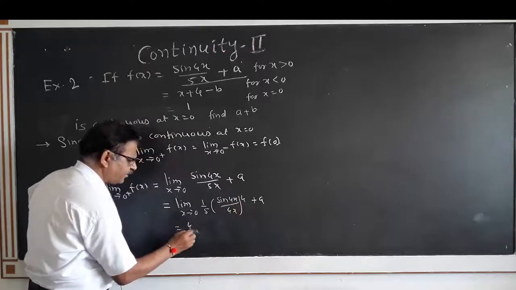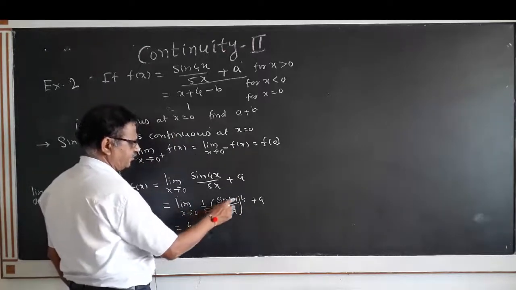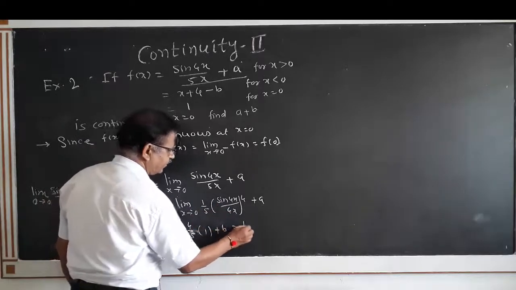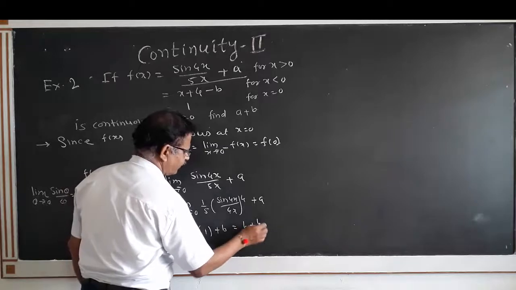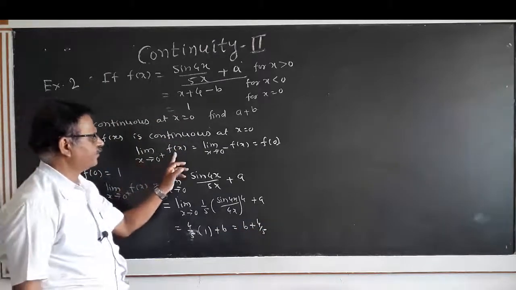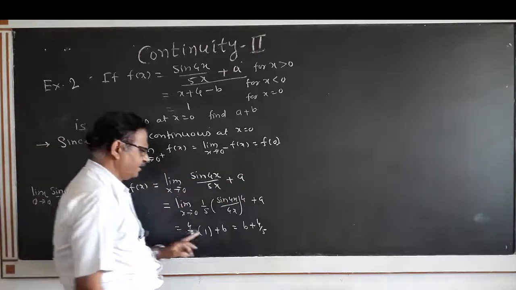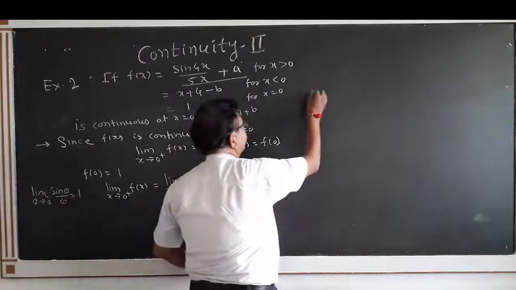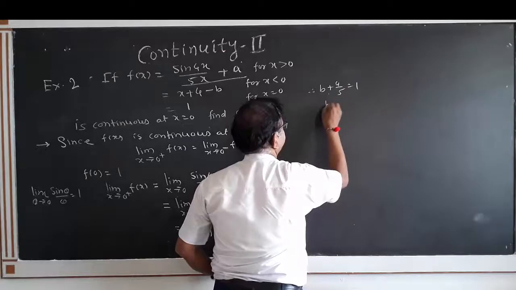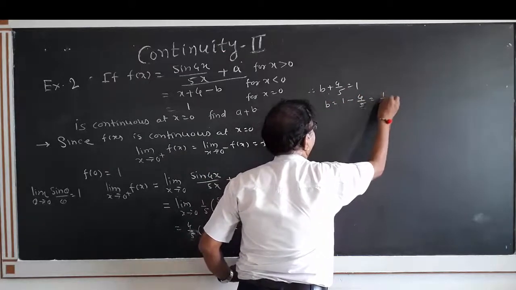That is nothing but 4 by 5 into limit x tends to 0 of sin 4x by 4x is 1 plus b. That is b plus 4 by 5. And we know that limit x tends to 0 plus of fx equal to f of 0 equal to 1. Therefore, we have b plus 4 by 5 equal to 1. b equal to 1 minus 4 by 5 equal to 1 by 5.